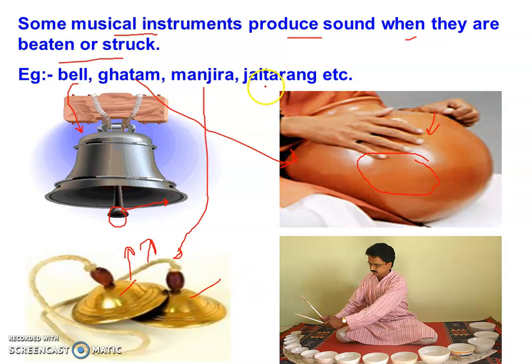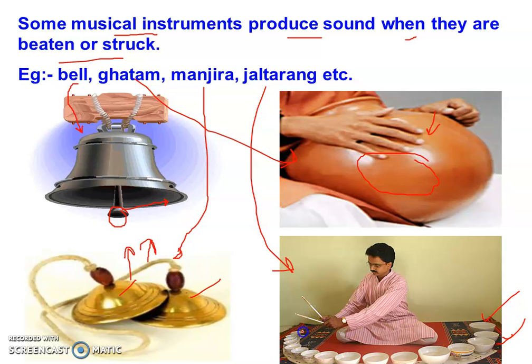Now last in this slide, that is Jal Tarang. There are so many bowls. The water is filled in these bowls at different levels. इसमें बहुत ज़्यादा पानी होगा, इसमें कम होगा, इसमें और कम होगा. So the water level is in decreasing order. When we hit these bowls, they produce the sound.